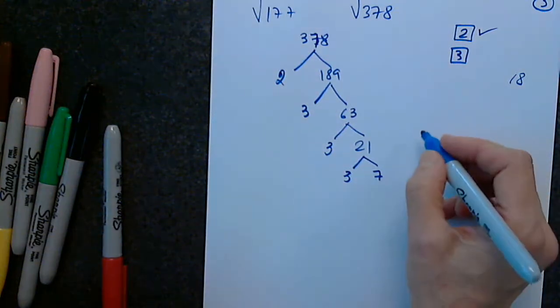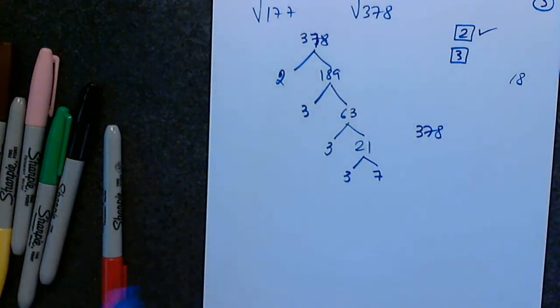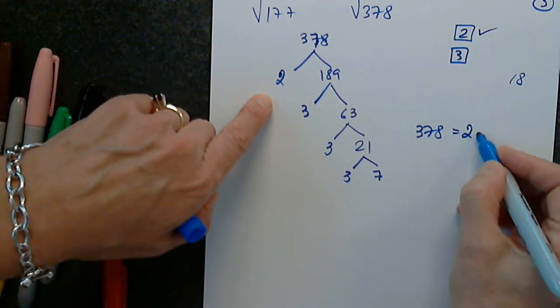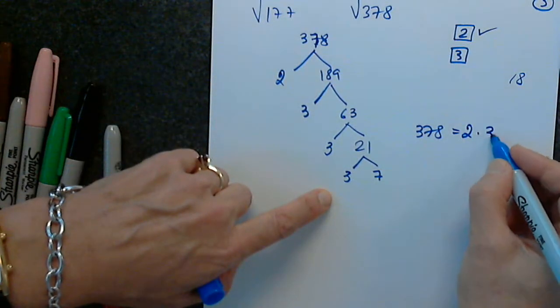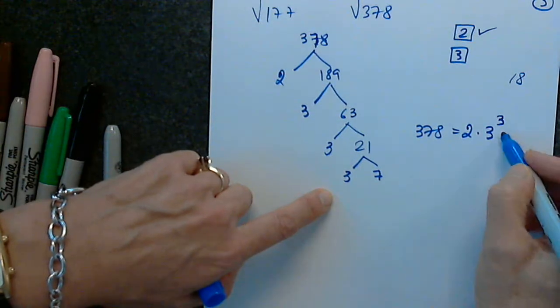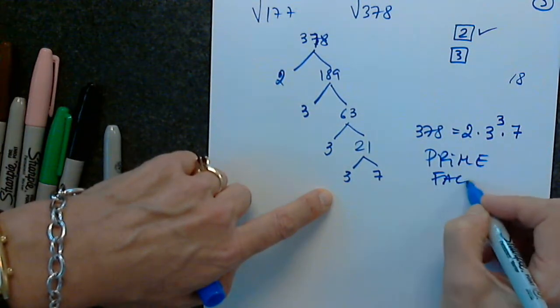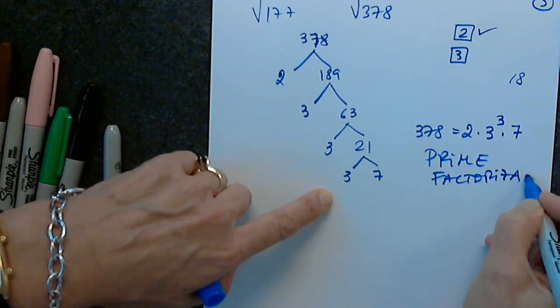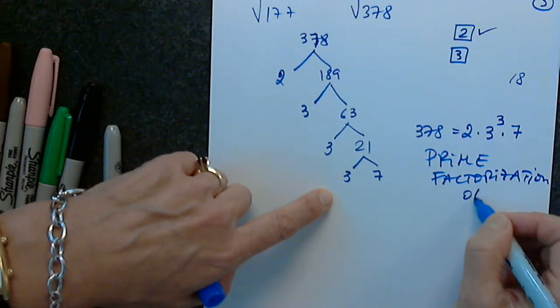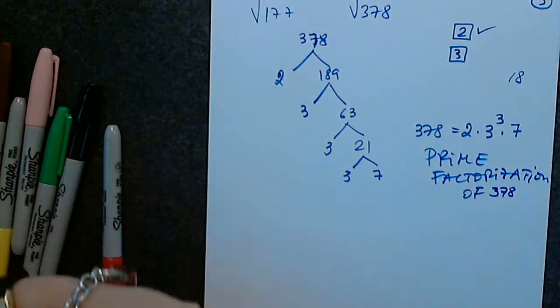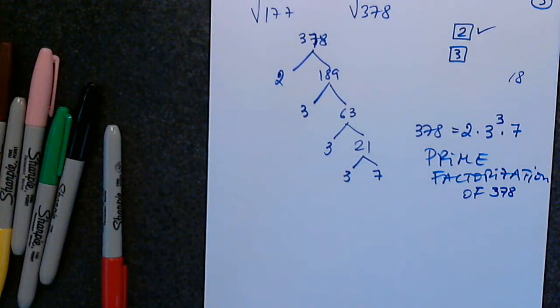So I know now that 378 is nothing else but 2 times 3 to the third times 7. This is called the prime factorization of 378: 2 times 3 cubed times 7.